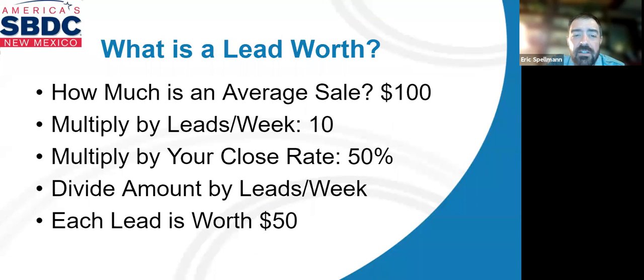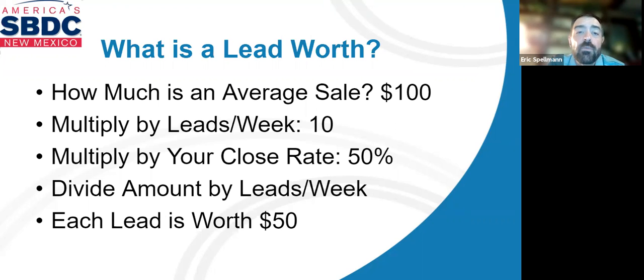So it's actually a lot simpler than even I wrote here. And that's why I did the math so simple. If I had 10 leads and, on average, I make $100, if I sold every one of them, I'd make $1,000, right? But I'm not going to. My close rate in this one's only half. So I'm only going to sell to half of those people.